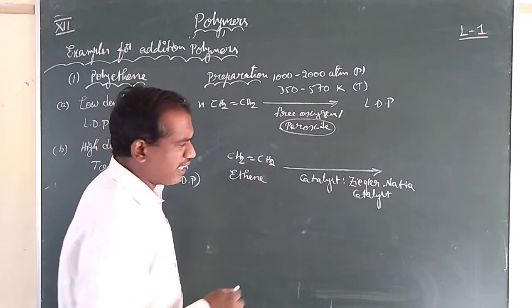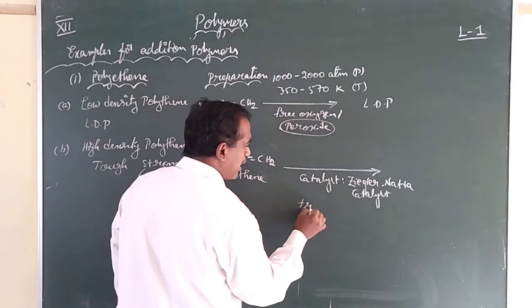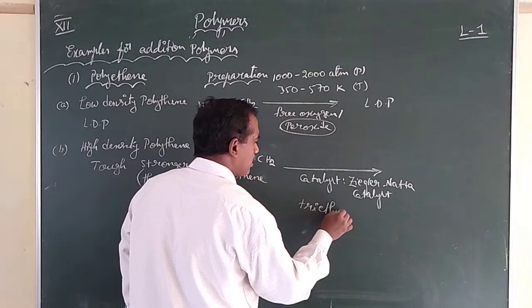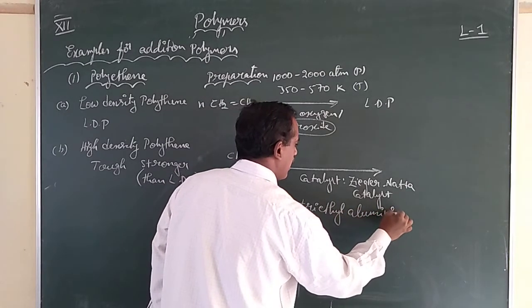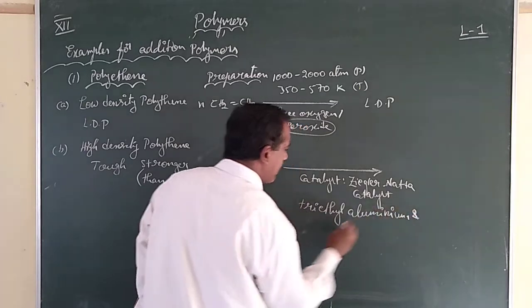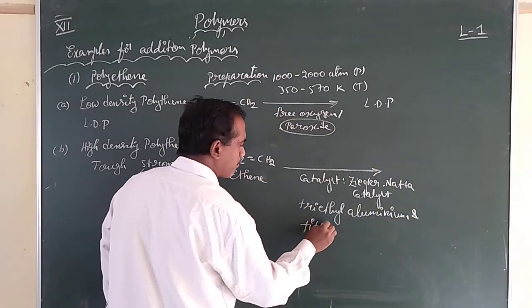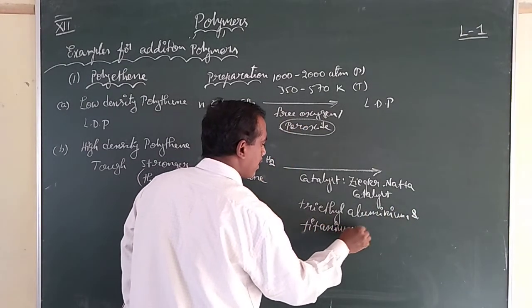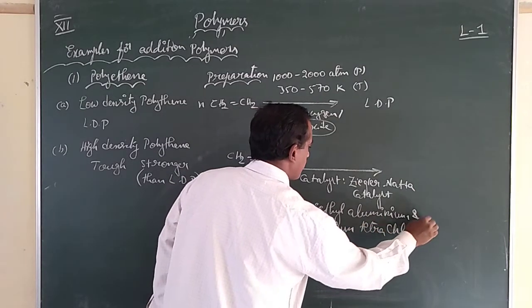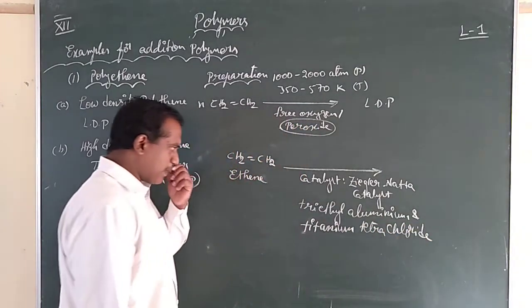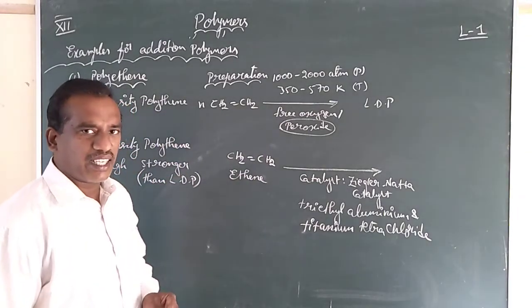What is the Ziegler-Natta catalyst? Triethyl aluminum and titanium tetrachloride combination. These two together give the Ziegler-Natta catalyst.